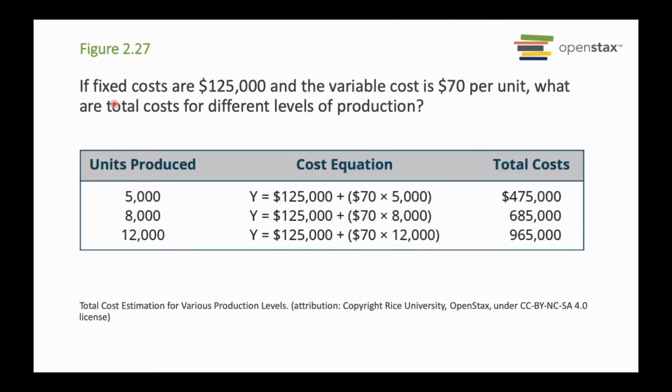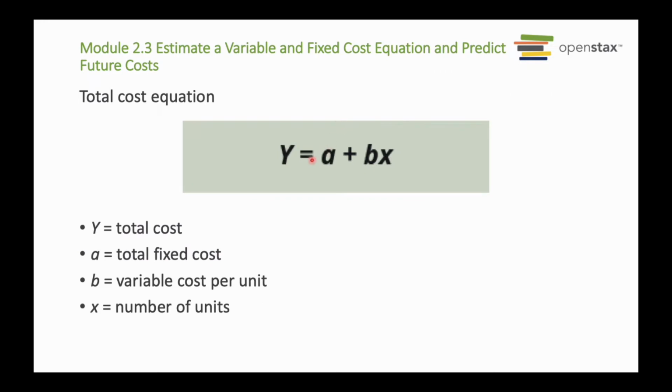Let us consider this example. If fixed costs are 125,000 Rand and the variable cost is 70 Rand per unit, what are total costs for different levels of production? So in this example, we have fixed costs of 125,000 Rand, and we know that the variable cost per unit is 70 Rand.